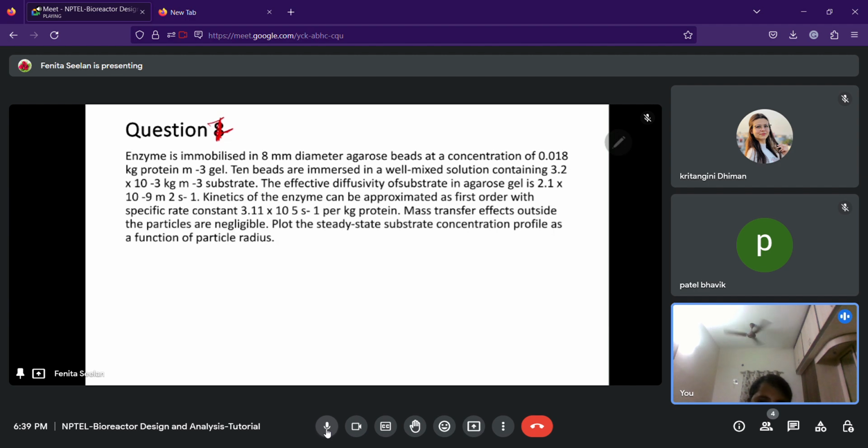I think it is a very simple problem compared to the previous one. If you have graph sheet, we can solve it on a graph. Otherwise, you can note down how it is being solved, and then try solving it on your own using your graph sheet, or you can use Excel to draw the graph.